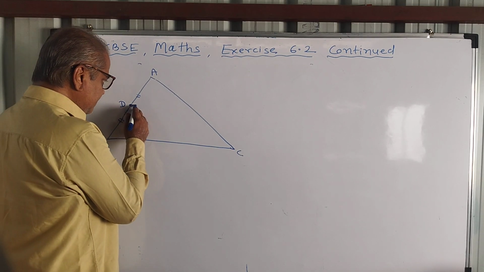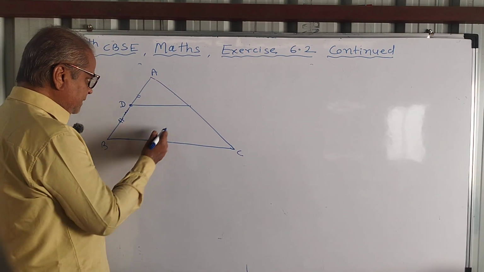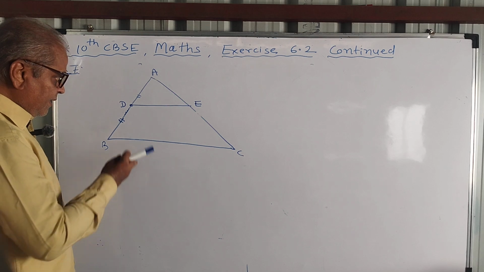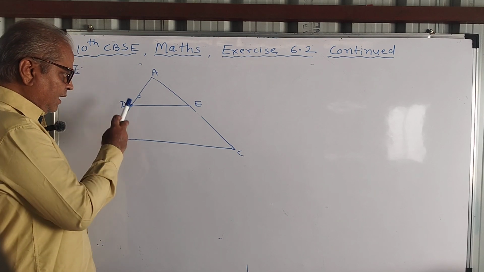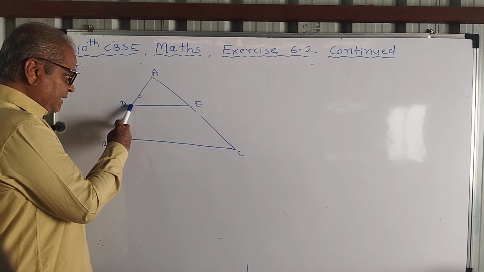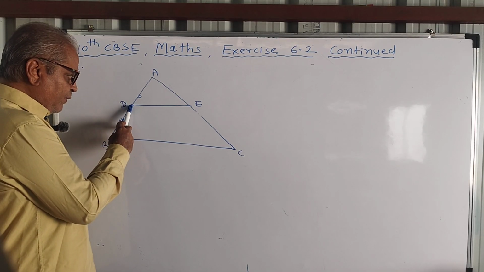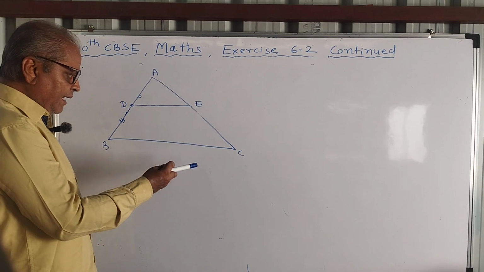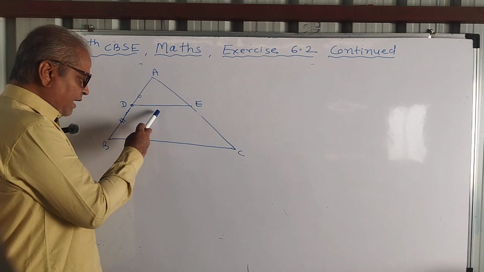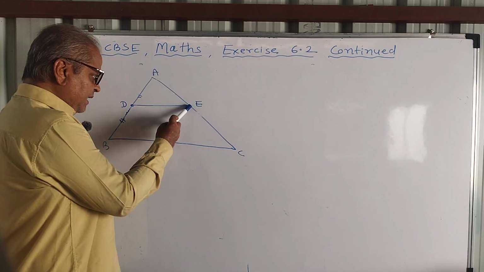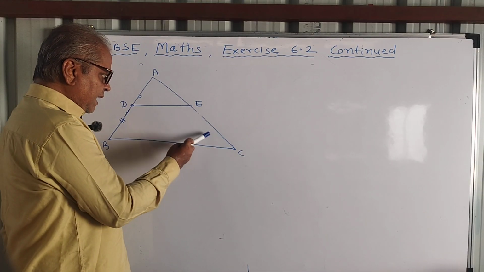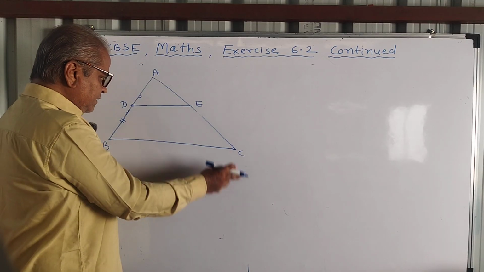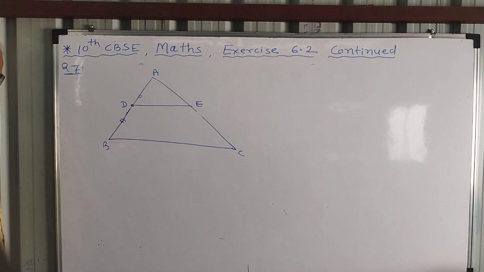See, this line is parallel to BC and intersects at point E. What is given? A triangle is given, the midpoint of one side is given, and through that midpoint a line is drawn parallel to another side, and it intersects AC such that it bisects AC. That means AE is equal to EC. It is to be proved.